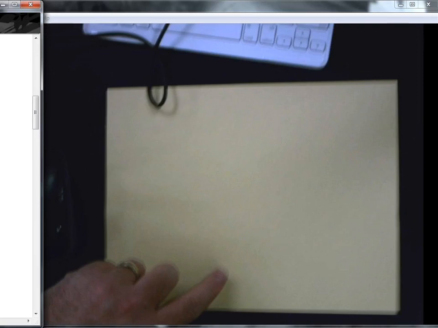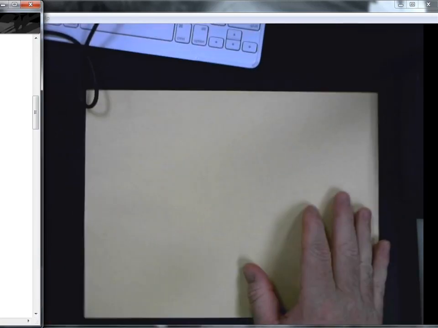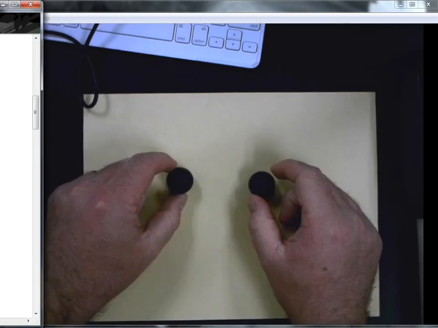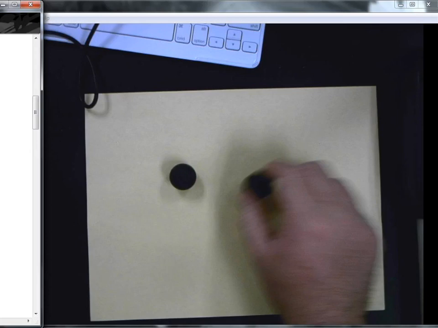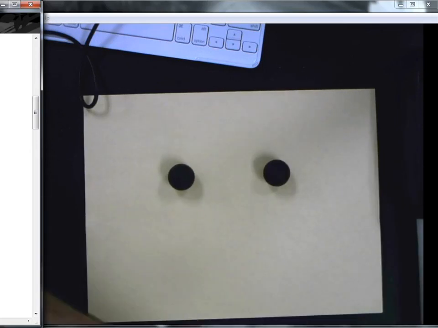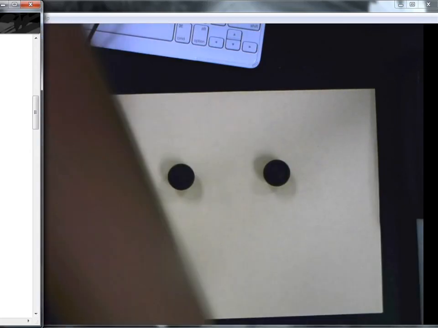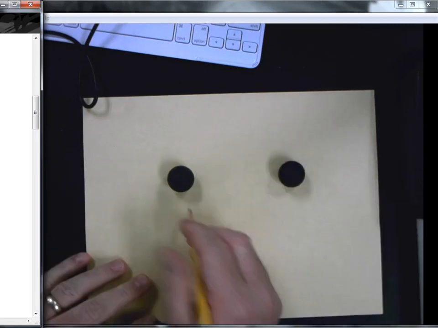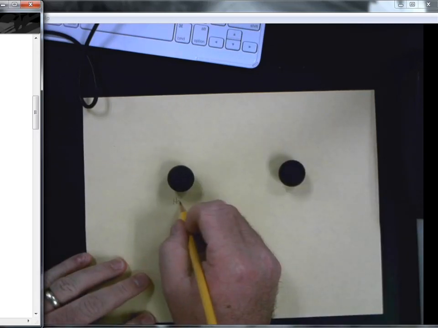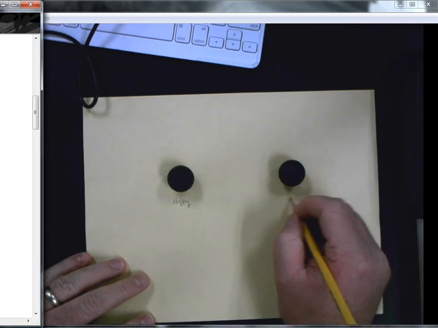All right. These are a happy ball and a sad ball. This one is happy. This one is sad.